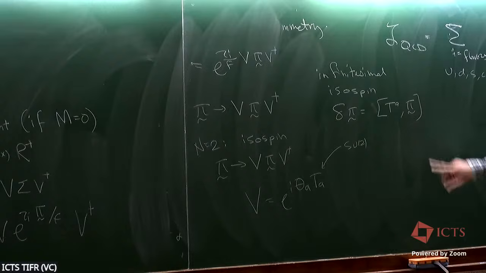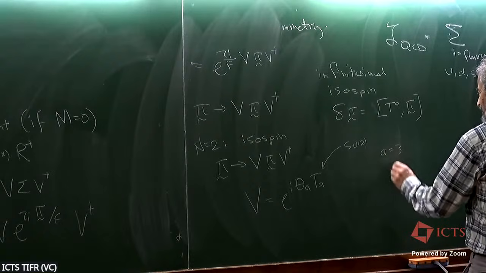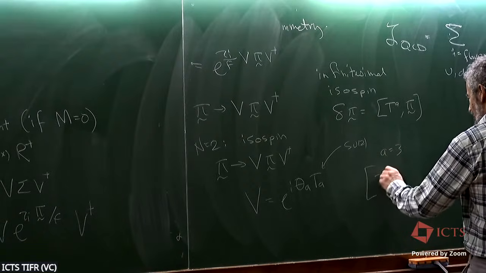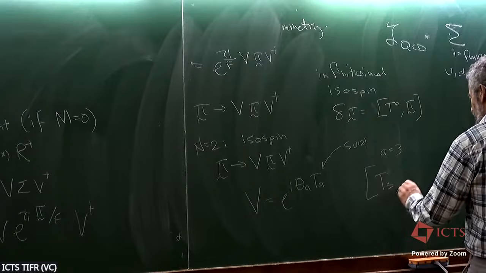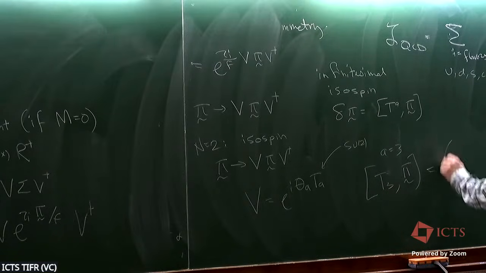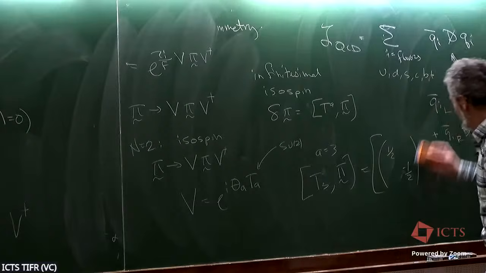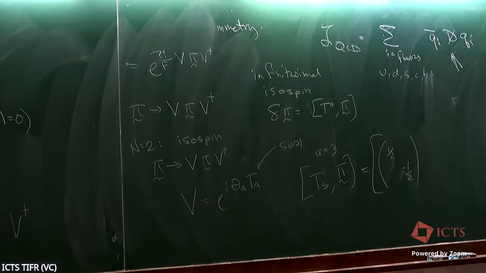And so I could just read off now. For example, if I take A equals 3, I look at T3 commuted with pi, which is 1/2, minus 1/2, commuted with a 2x2 matrix.